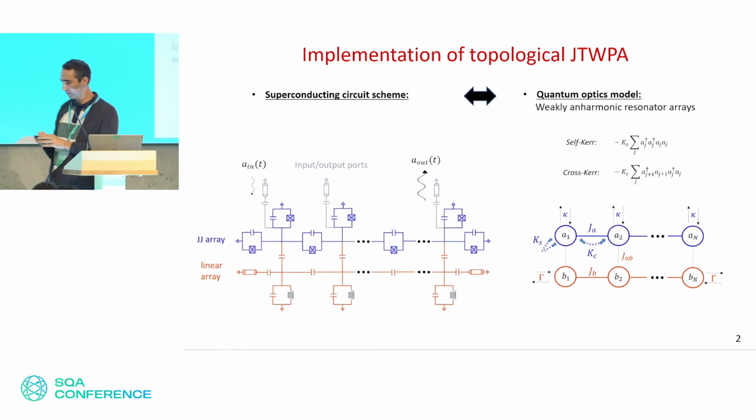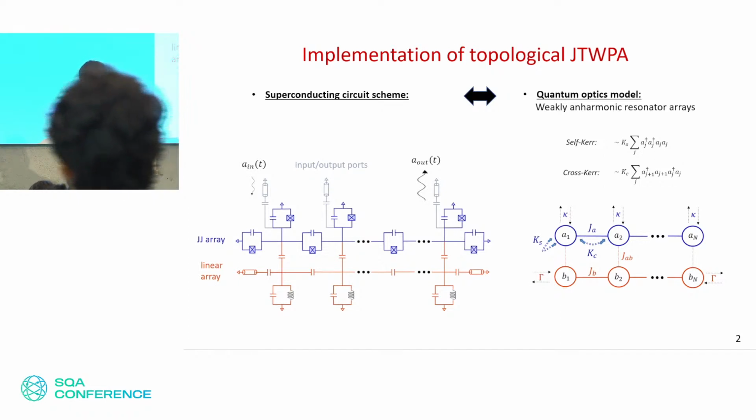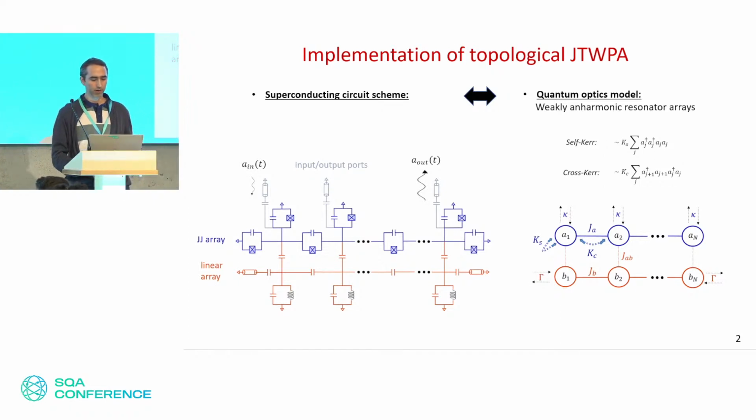The first, in blue, is the Josephson junction array, which is homogeneous. On each site we have a Josephson junction, which provides self-Kerr couplings, and we also have Josephson junctions between the sites, which provide cross-Kerr couplings between sites. In addition, we have a capacitance that couples sites and gives rise to this linear hopping J_A.